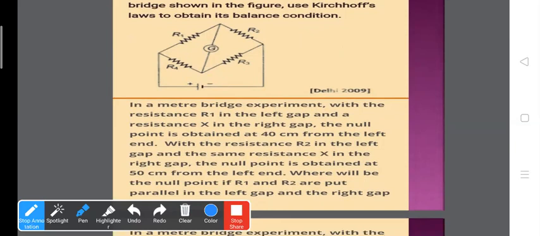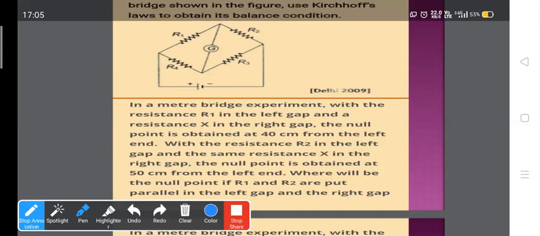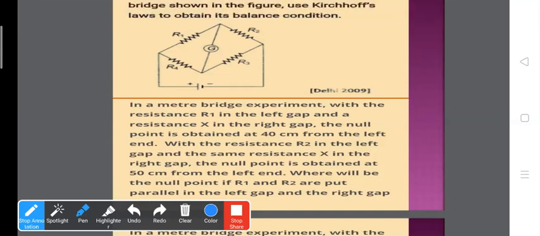First, you have to write the condition of a balanced Wheatstone bridge. If resistance X is connected in the right gap and resistance R1 is connected in the left gap, find the condition of the Wheatstone bridge, which is given by X upon R1 equal to L upon 100 minus L. That is 40 upon 100 minus 40, so 40 upon 60.